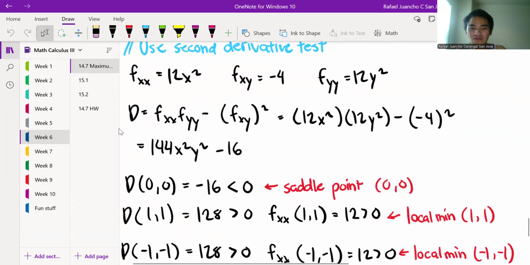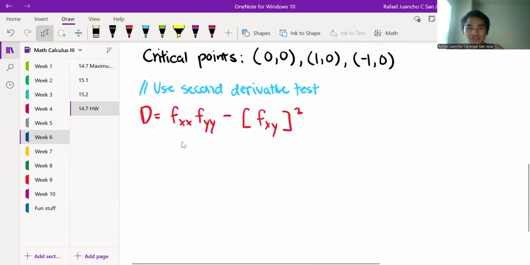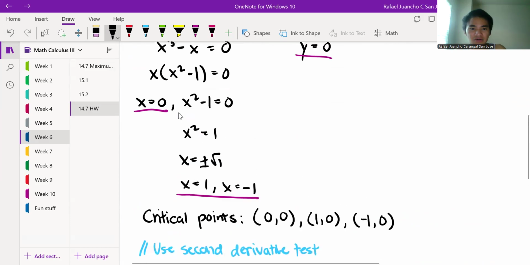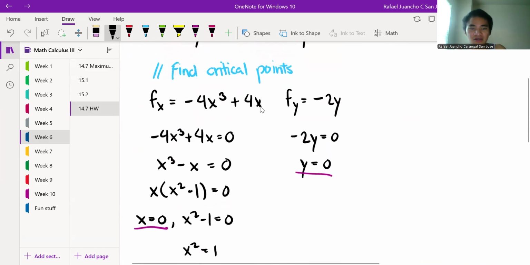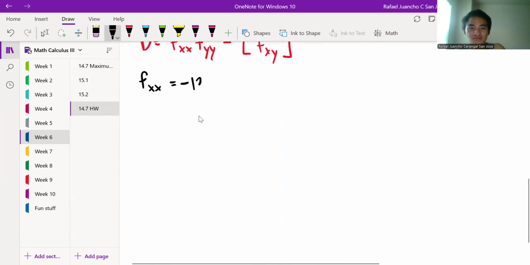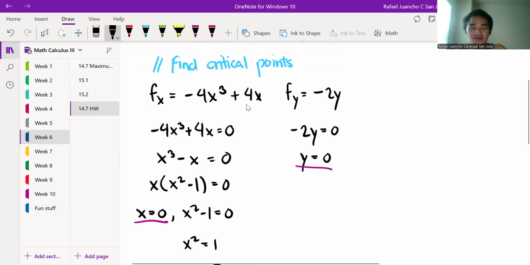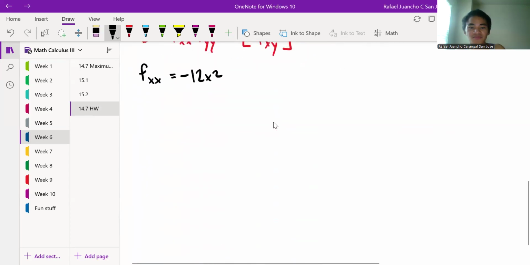Now I plug it in. So f xx: I look at my f sub x and derive it again. So I have negative 12x squared for that first term, and then for my second term, I have plus 4.